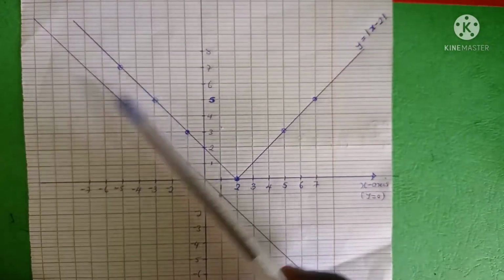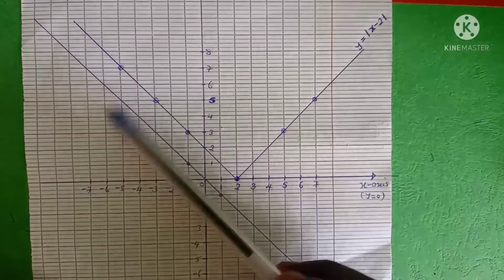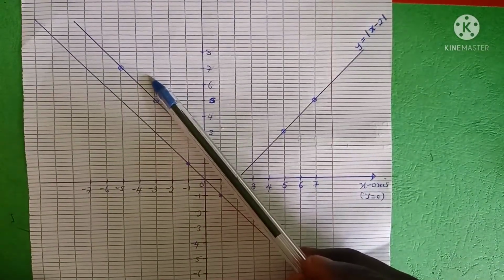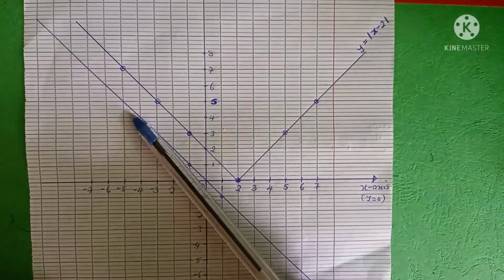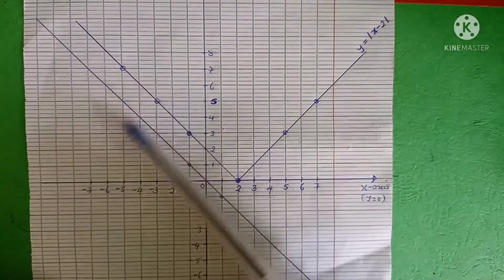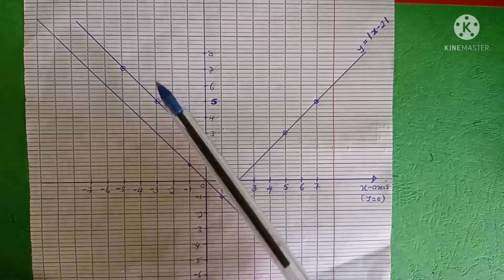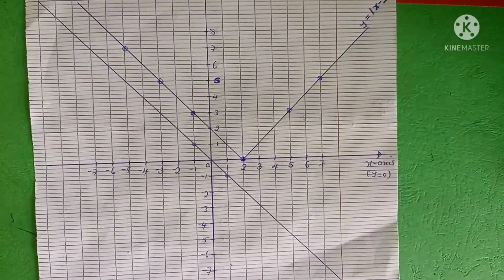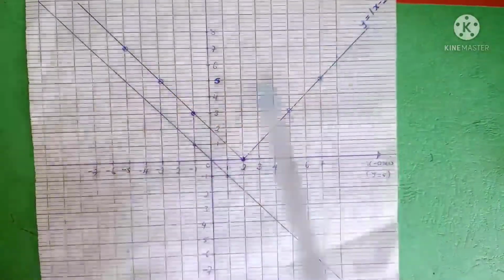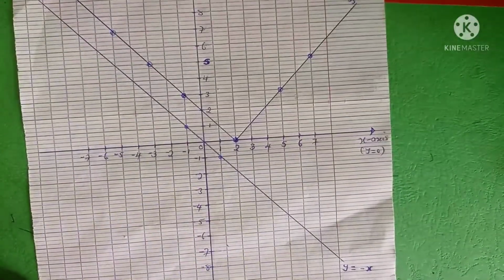We can see from here that these two lines are parallel, and there is no way this line above can ever meet this one below. The two lines are parallel, so they will never meet. So we can see that the graph of the absolute value of x minus 2 is always above the line y equal to negative x.